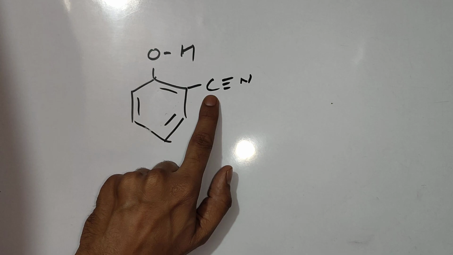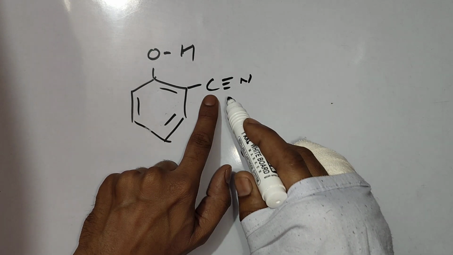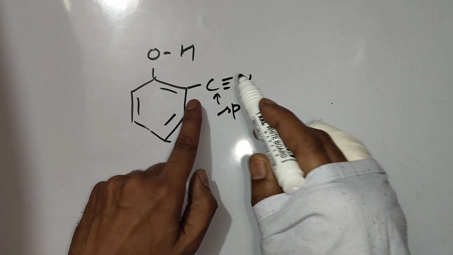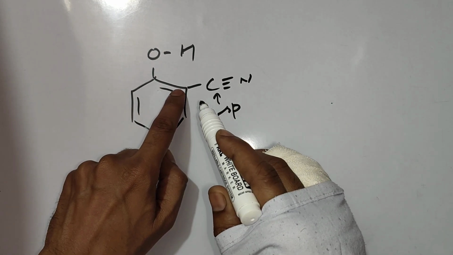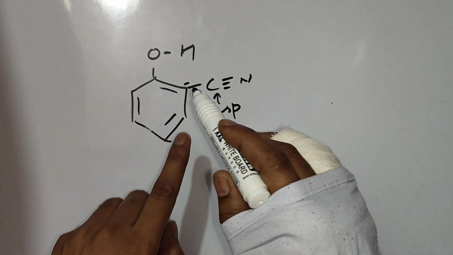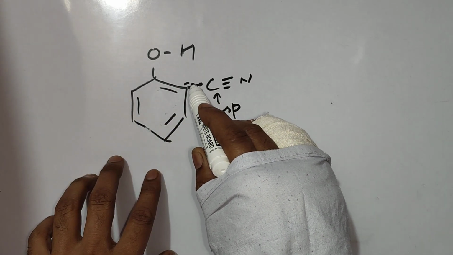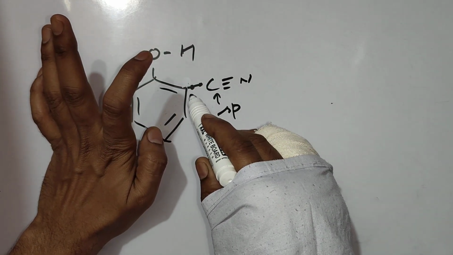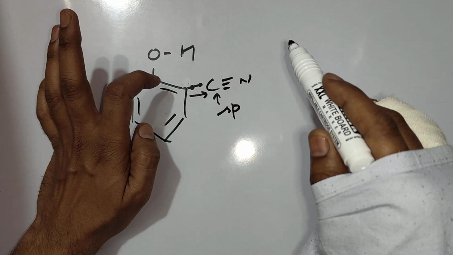As I told you, minus I and plus I effect is decided by electronegativity. This carbon is sp hybridized and this carbon is sp2 hybridized. sp hybridized carbons are more electronegative as compared to sp2. So definitely these electrons will shift toward this carbon.